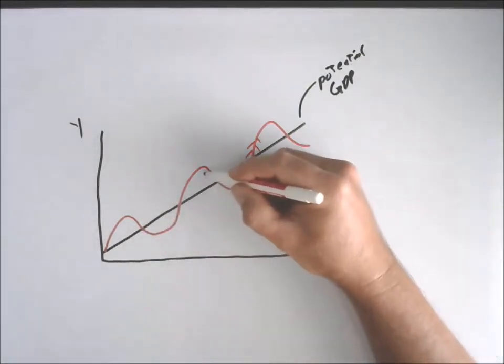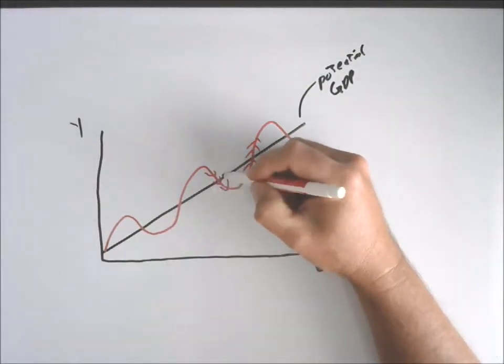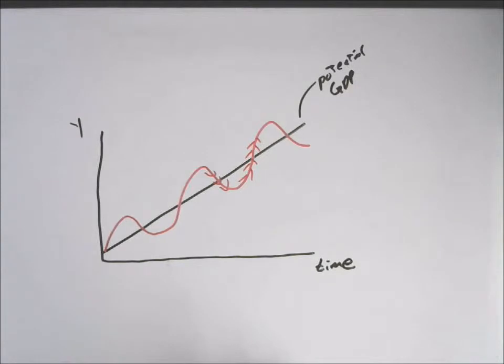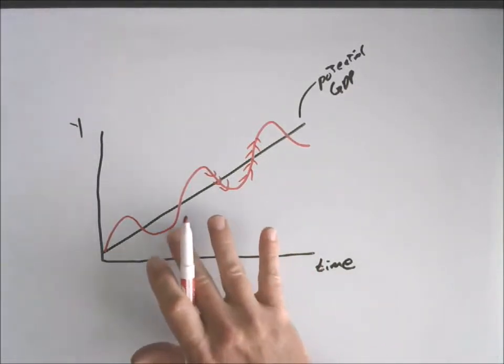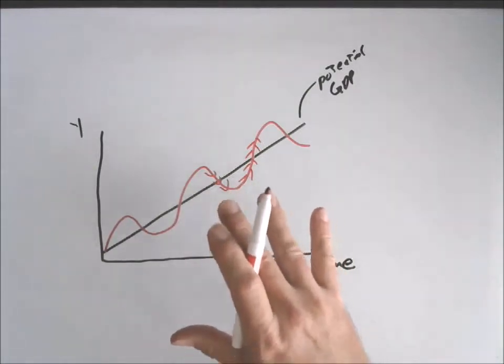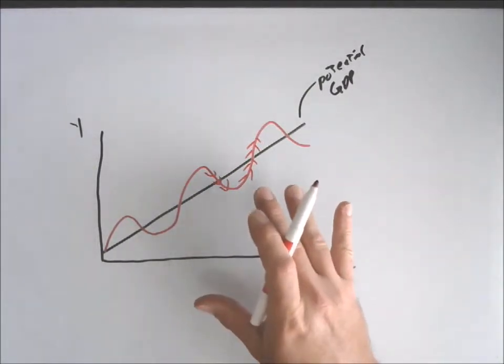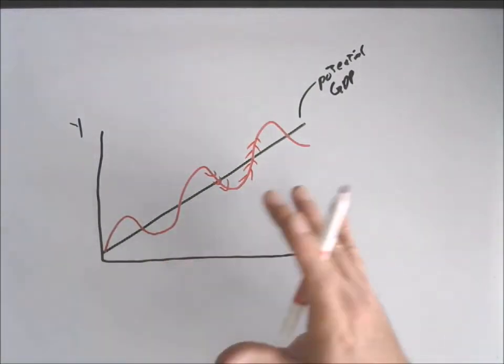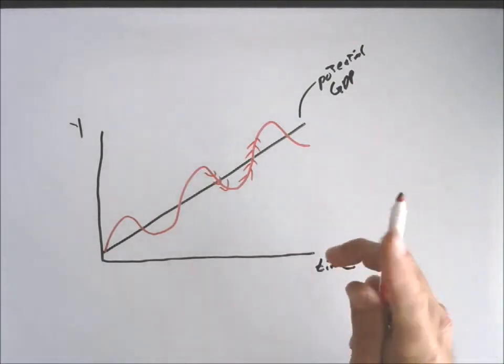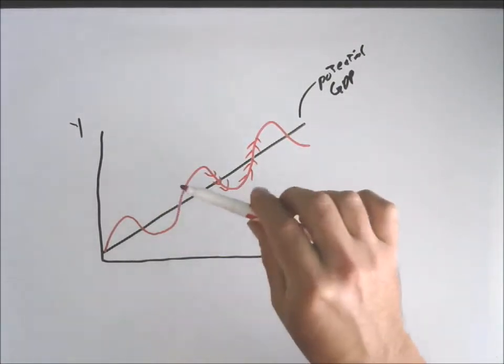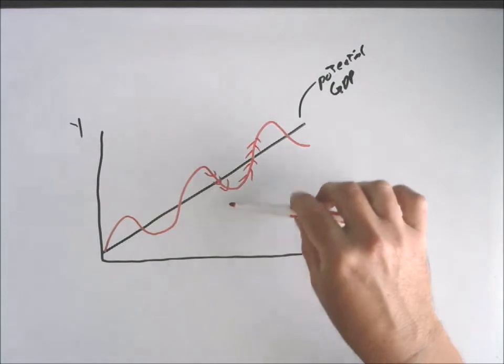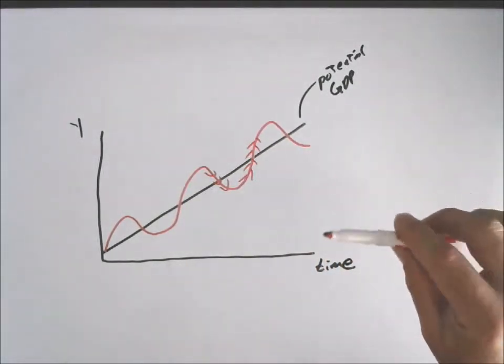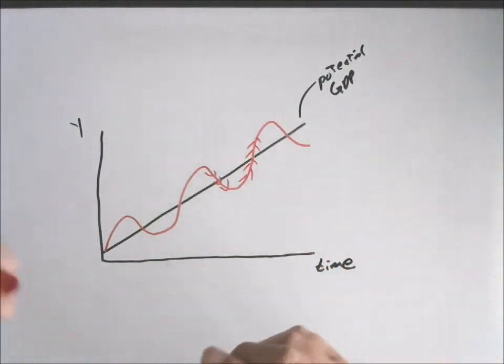When we're in the downswing portion, the economy is contracting. In other words, the economy on its own is self-correcting. If we just left the economy as it is, there would be dips, expansions, dips, expansions, and it would simply self-correct.